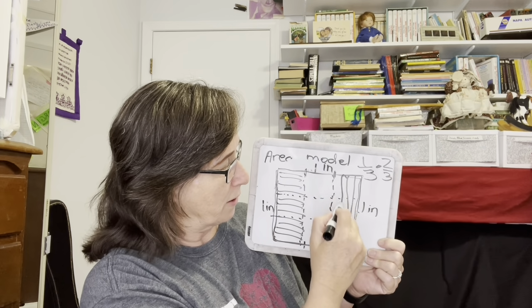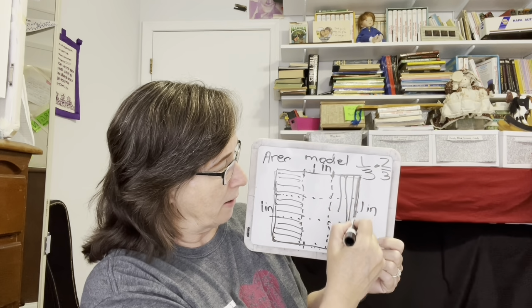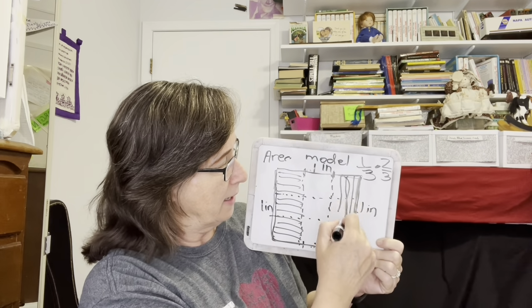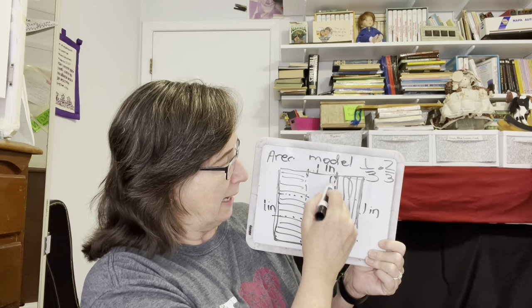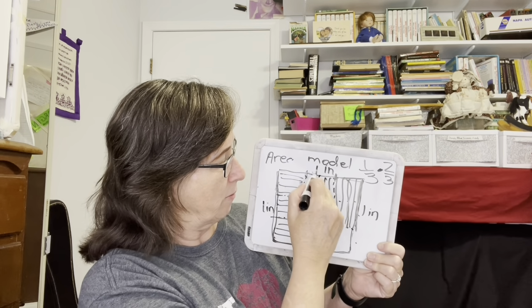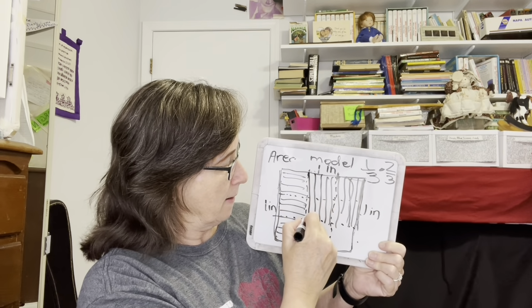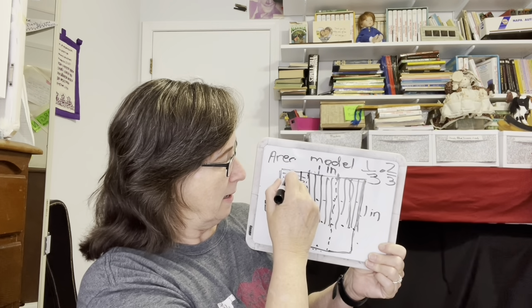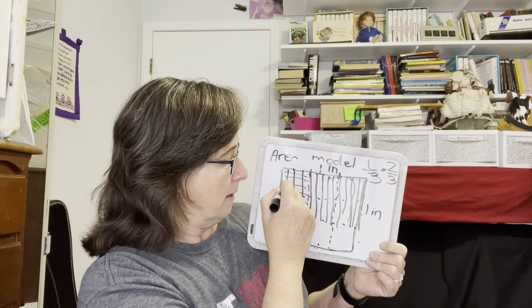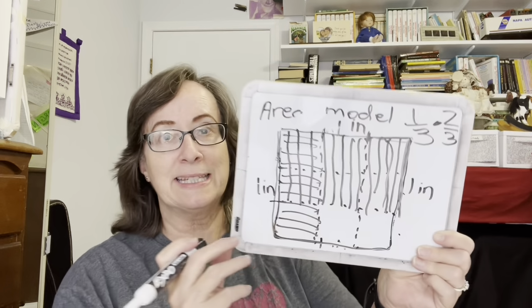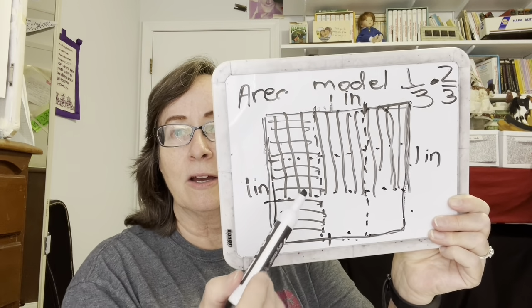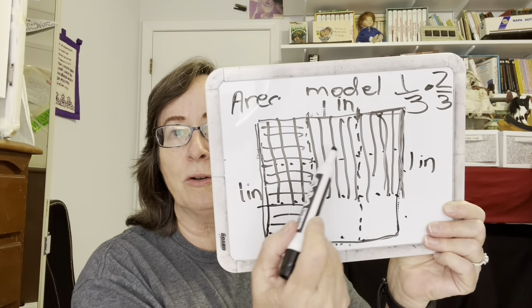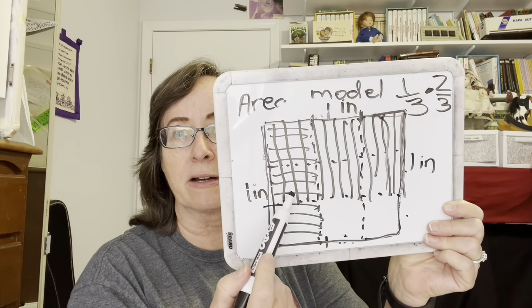See, there's 2/3 right there. There's 1/3 we're not going to take. 2/3. And I'm going to go all the way across with 2/3. And then you're going to see the part where the two cross over each other.